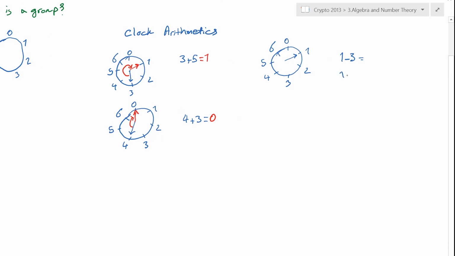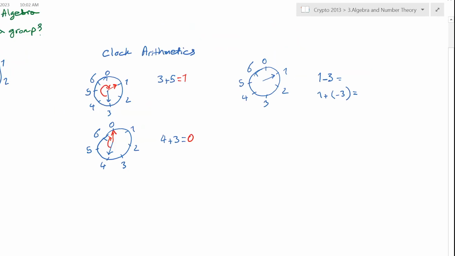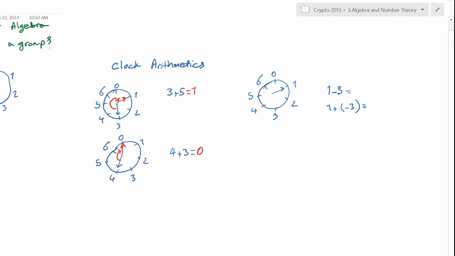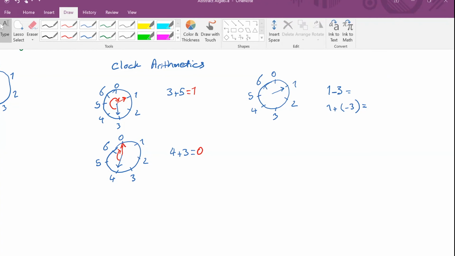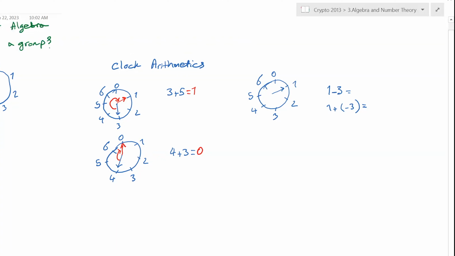So I can say 1 plus minus 3, right? This way means that I don't have to have another operation called subtraction. If I have just addition, I'm good to go. I can just use addition plus minus some number, and I can achieve the same thing that I wanted to do. So that's why in a lot of groups, we always talk about addition. We don't talk about subtraction.